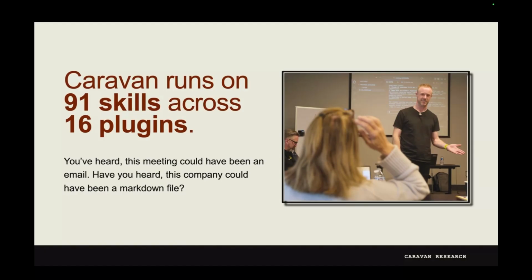You can imagine how a lot of work that humans are doing gets shifted over to the AI. And we're going to get to choose, I hope, where humans are in the loop and what are the things that we reserve for humans that only we can do. But unfortunately, there are many companies right now that could just be a markdown file.